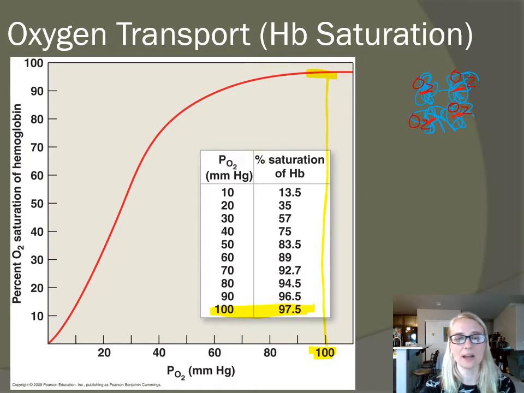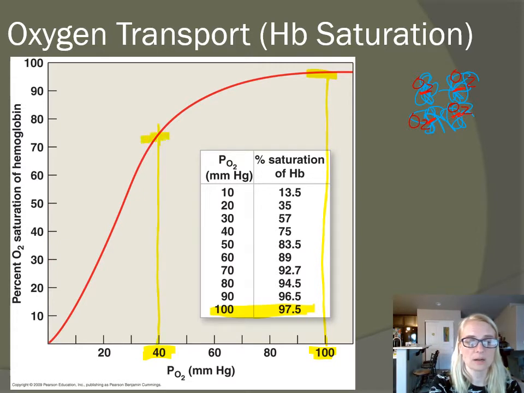Then if we go down to where oxygen was the lowest in our normal tissue situation, in the peripheral tissues, our tissues were at a partial pressure of 40 millimeters of mercury. If we follow that up right here, we can see that we're about 75% saturated.